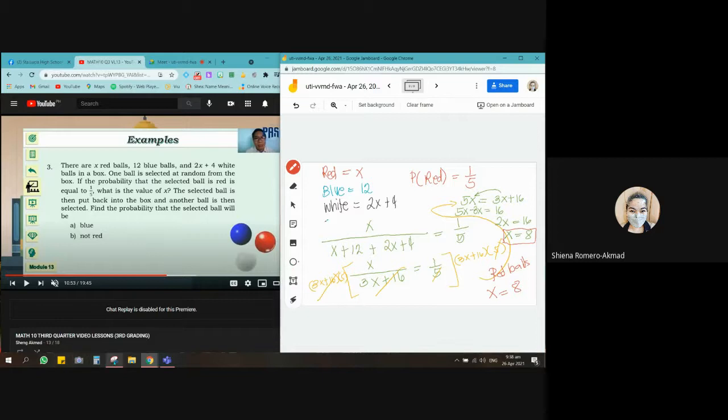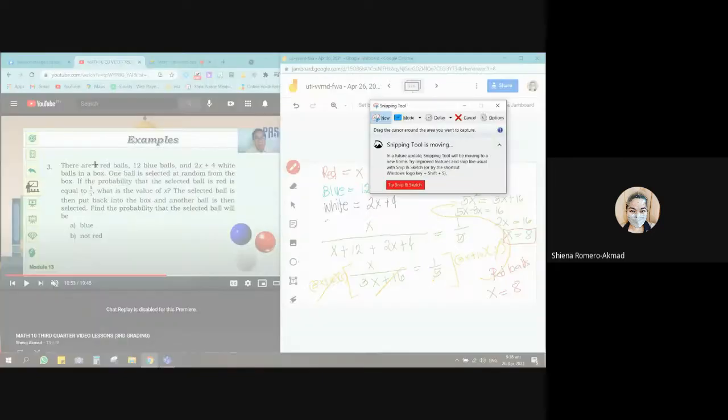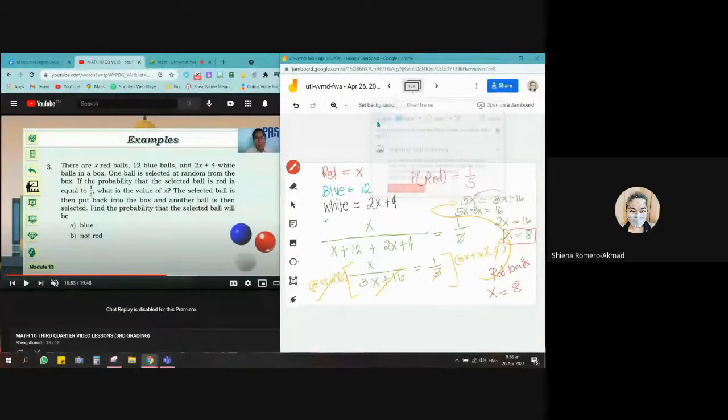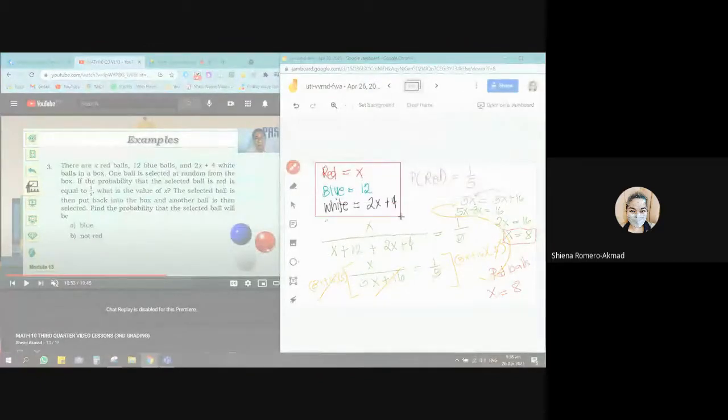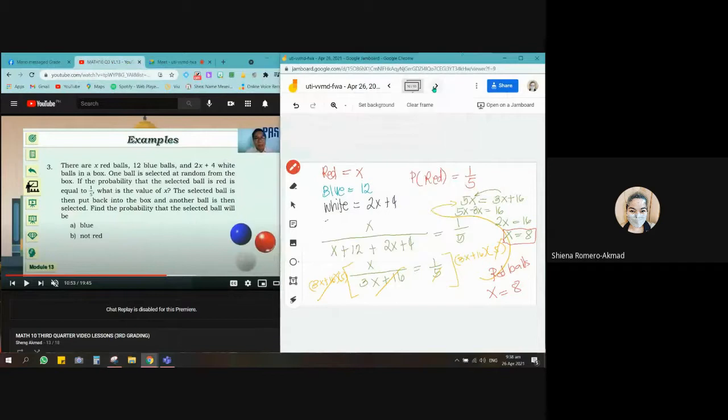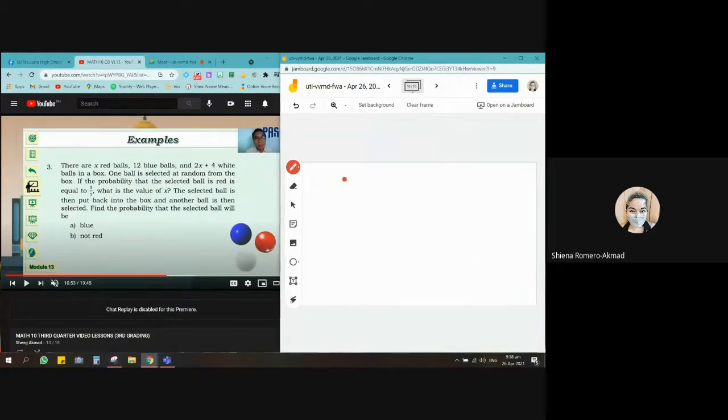Screenshot ko muna to para meron tayong butihan. At tandaan nyo, our x is equal to 8. So, how about the number of blue balls? Blue is 12, right?